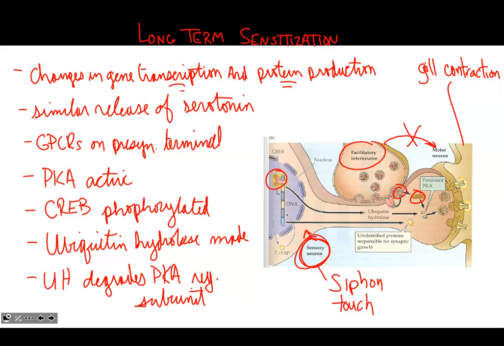So this is different than binding the regulatory subunit and releasing it, right? So cyclic AMP, we talked about how cyclic AMP binds to the regulatory subunit and that releases the catalytic subunits. Well, in this case, the regulatory portion is just degraded. It's completely degraded.